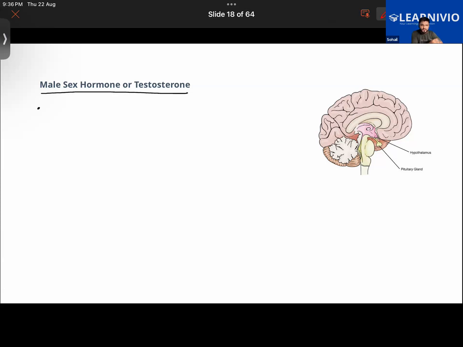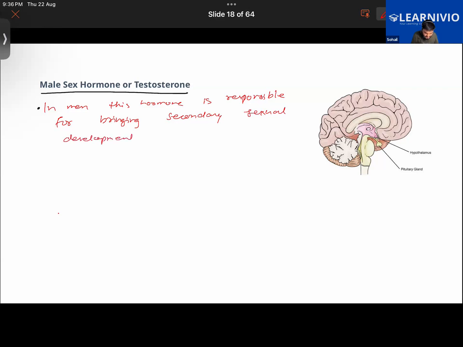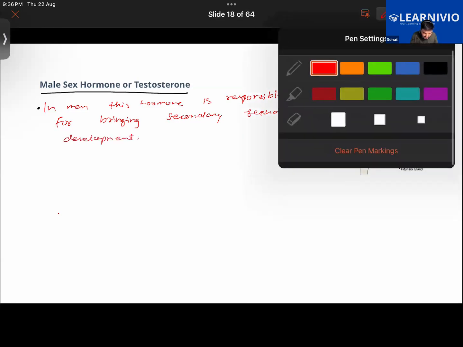So first thing is that in men, this hormone is responsible for bringing secondary sexual development. Secondary sexual development. What do I mean to say by this?